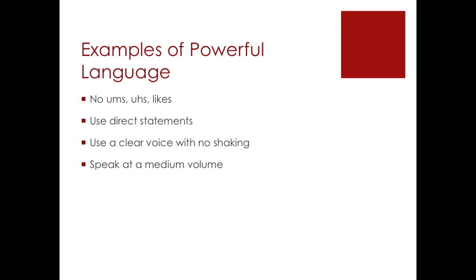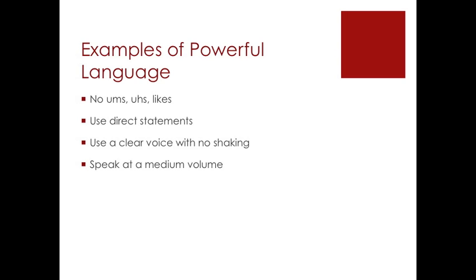Some examples of powerful language include not using ums, uhs, likes, using direct statements rather than beating around the bush, telling exactly what you want, using a clear voice with no shaking, and speaking at a medium volume.